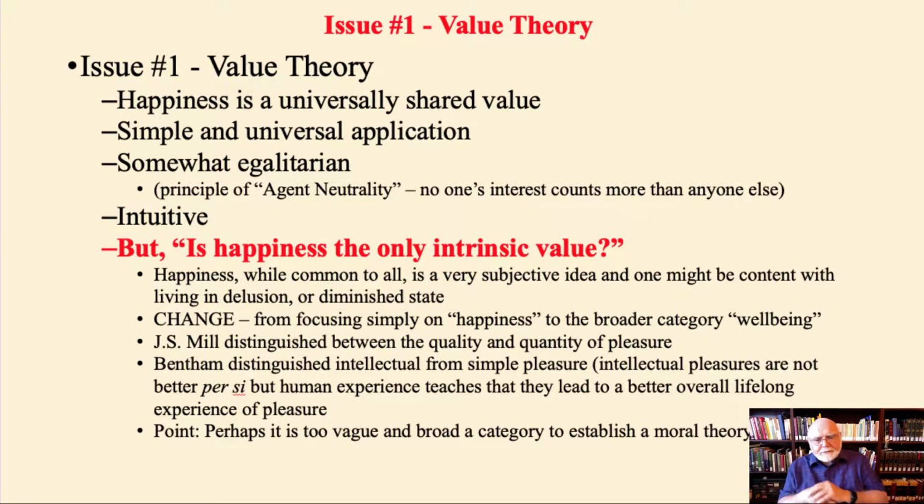Is perhaps happiness too broad and vague a category to be established as the moral theory and to establish a single intrinsic moral value? And it's perhaps for the confusions that are here that some, like Moore and others, have been raising the question of including justice as an aspect of intrinsic value or another intrinsic value.